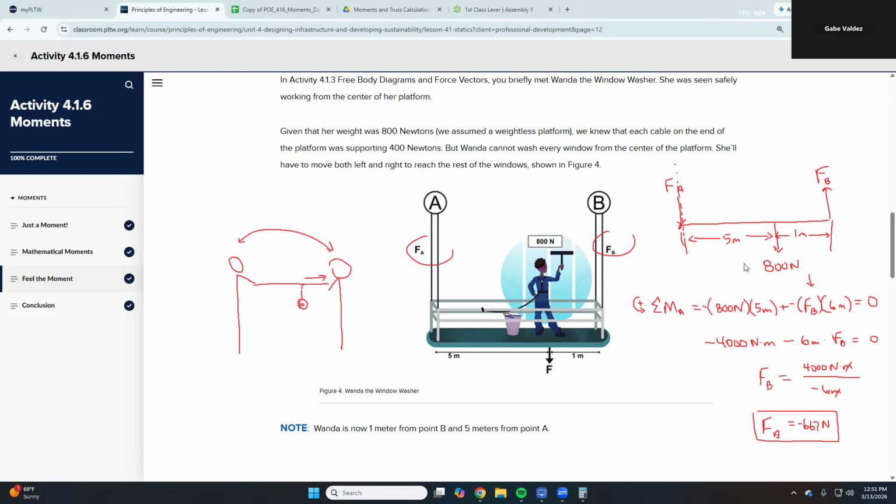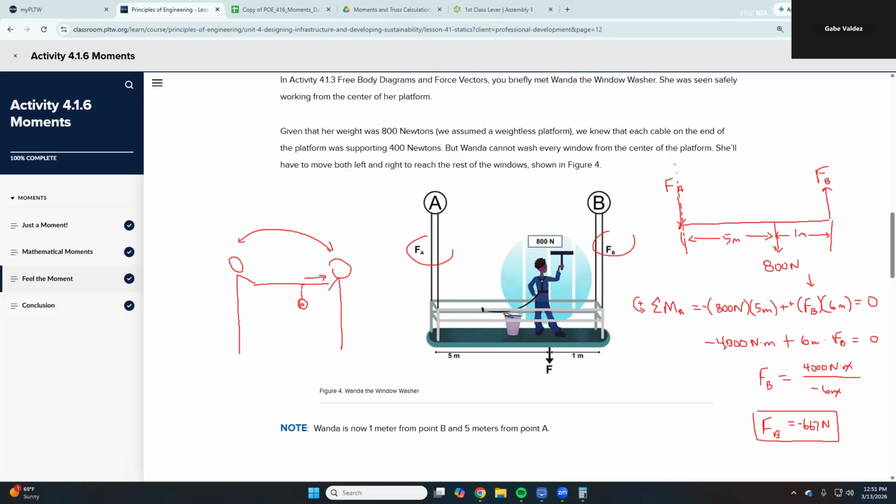So if I were to go back and redo this with that assumption that it should be pulling up, same thing with A should also be pulling up, then that changes my equation. So this is still downward, so it still causes a clockwise rotation, so that's negative 4,000. But if this is upward, it causes a counterclockwise rotation, so this is positive.